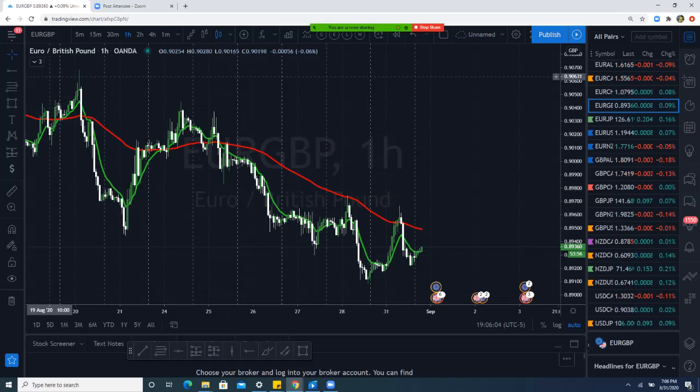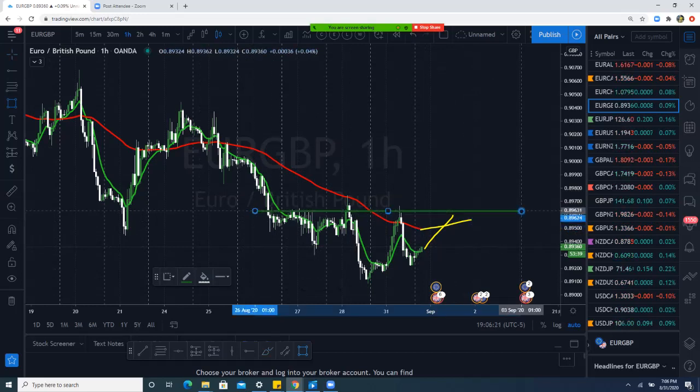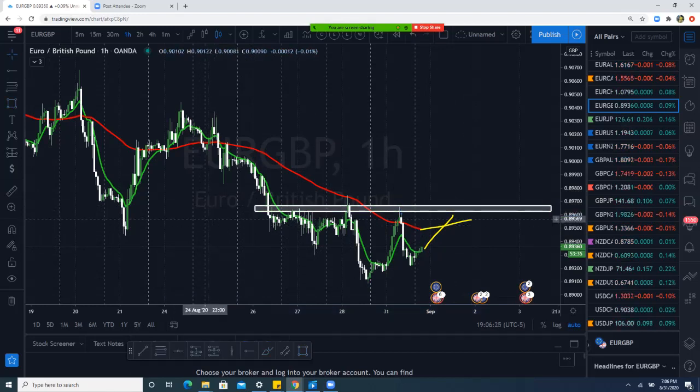The first thing that's going to have to happen is that the green line has to cross the red line. Then, because this is a potential buy, you want price to break a resistance.